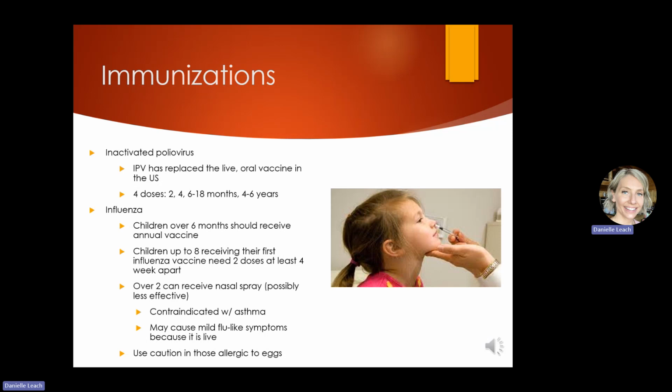However, studies have shown that it's possibly less effective than the IM injection. The nasal spray is contraindicated with respiratory problems such as asthma, and it can cause mild flu-like symptoms because it is a live vaccine. With both the nasal spray and the injection, we need to use caution in those that are allergic to eggs or egg products.